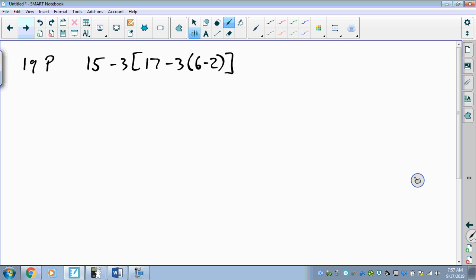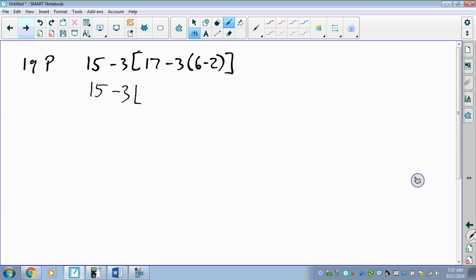Okay, last one. Again, we're working from the inside out. You get your brackets here, and you get your parentheses inside your brackets, like inception math. You might be tempted to do the distributive property here. Don't distribute this yet; you can a little bit later.